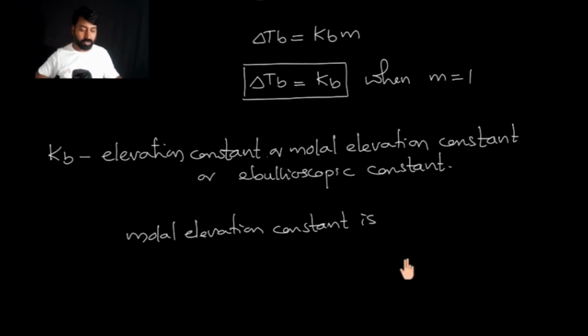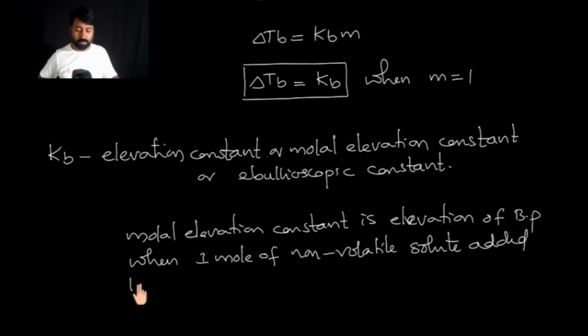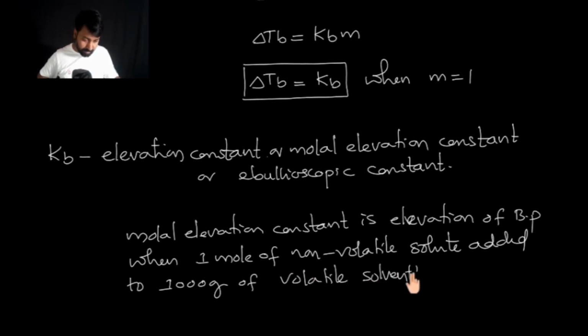This delta TB is the elevation of boiling point when 1 mole of non-volatile solute is added to 1 kg or 1000 grams of volatile solvent. Okay, volatile solvent it is. So this is the definition for the molal elevation constant or KB. This is the definition for the KB, students.